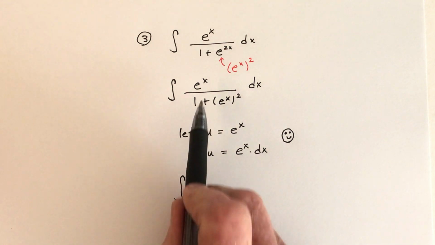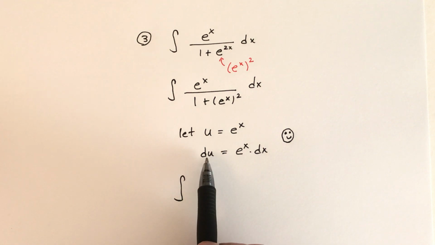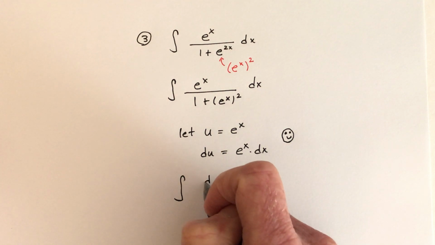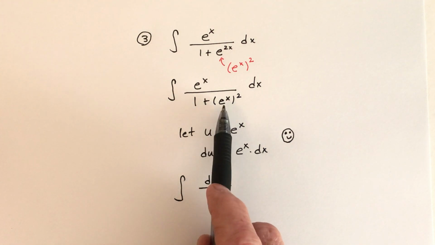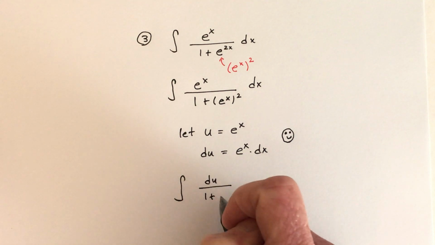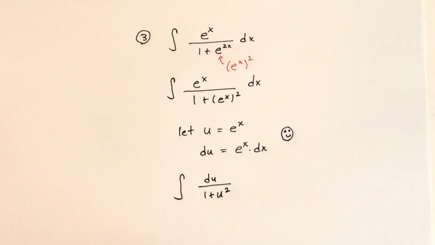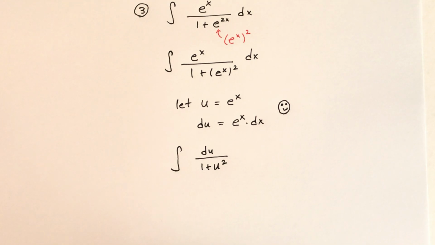So on the top, the e to the x times dx is the same thing as this, so it gets replaced with just du. And then this is going to be 1 plus, and this will be u being squared. And then, because you remember the derivatives of trig functions and inverse trig functions, you would look at this and say, oh, this comes from somebody took the derivative of tangent inverse.